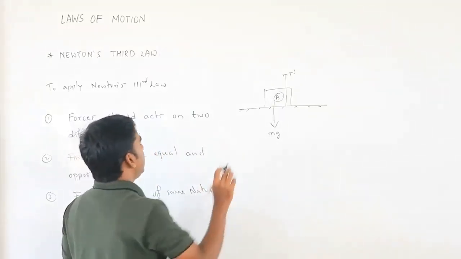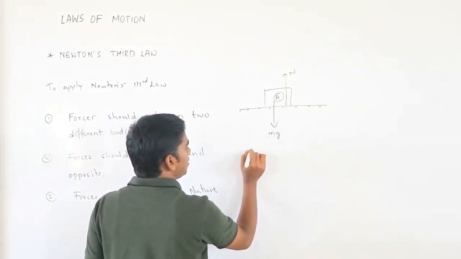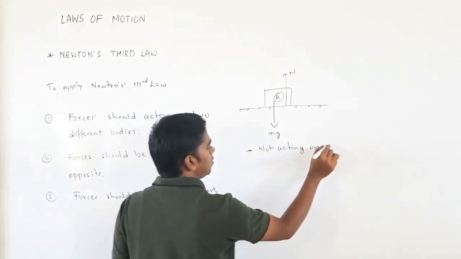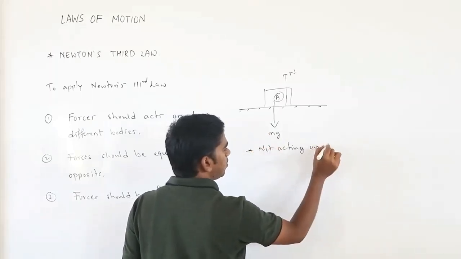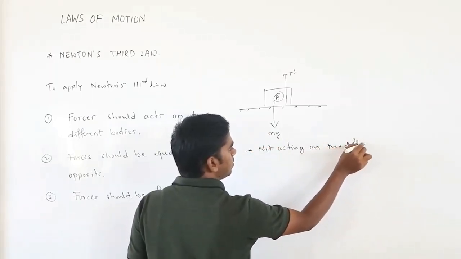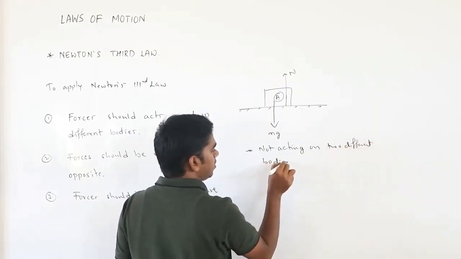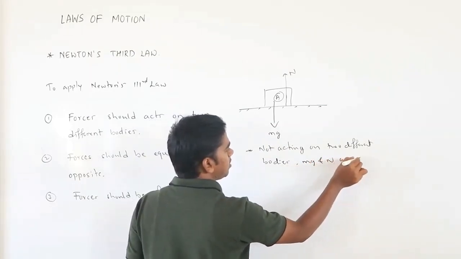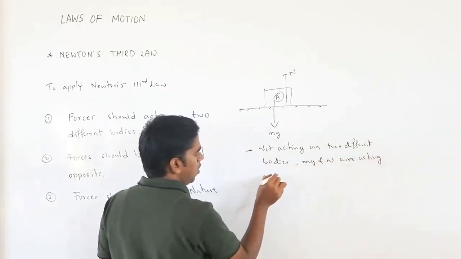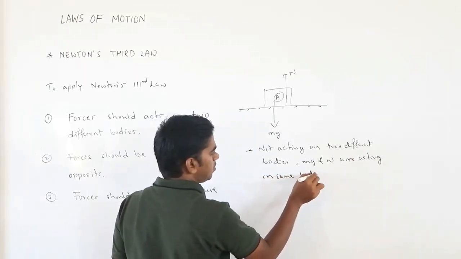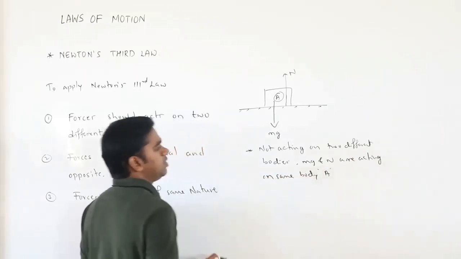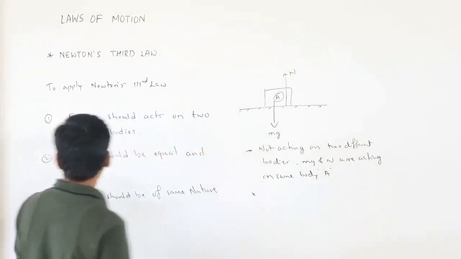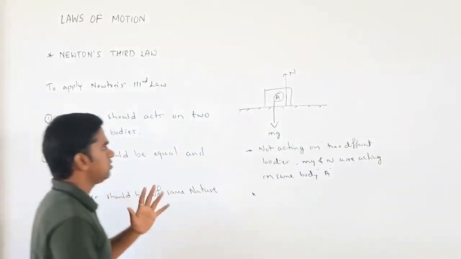So they are not acting on two different bodies; mg and N are acting on the same body. That is why this is not an example, but we'll check some others also. Looking at the second condition, forces should be equal and opposite, that is correct.